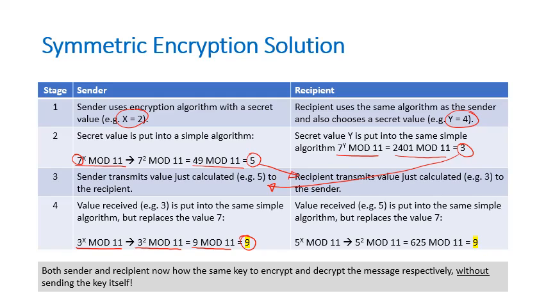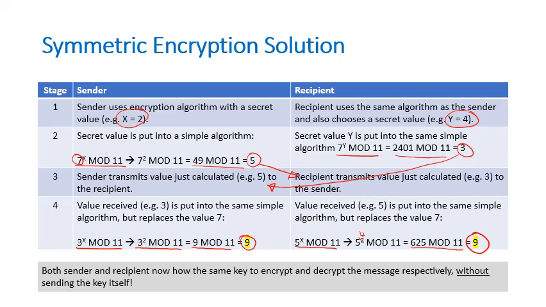Over here by the recipient, we have 5 to the power of Y, mod 11. So I'll just switch that there. 5 to the power of 4, 4 being the recipient's original secret number, mod 11, which is the same as 625 mod 11, giving us 9 as the remainder.